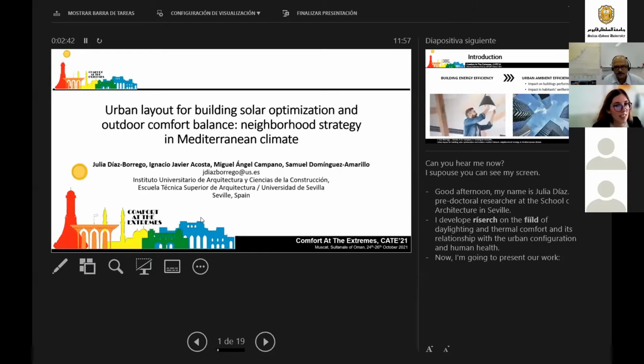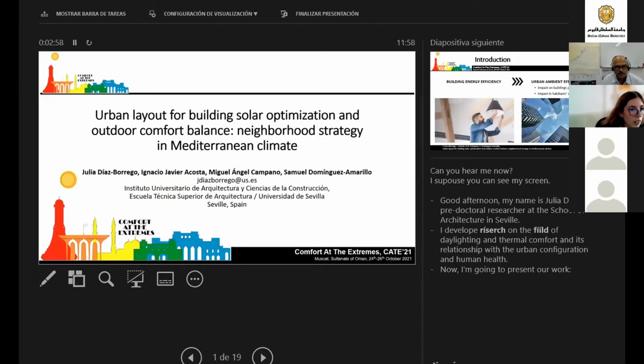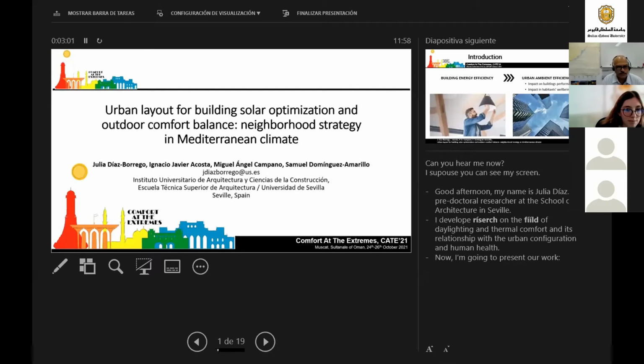Yes, that's good. Make it full screen also, please. If you start the presentation mode, then it will automatically come to full screen.